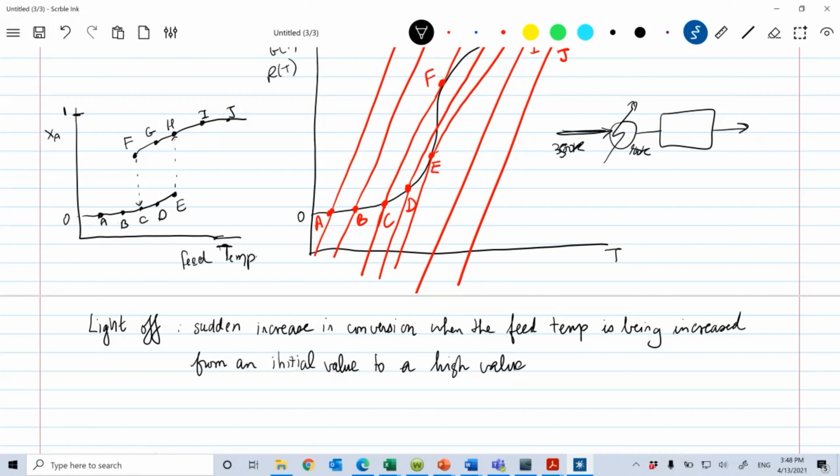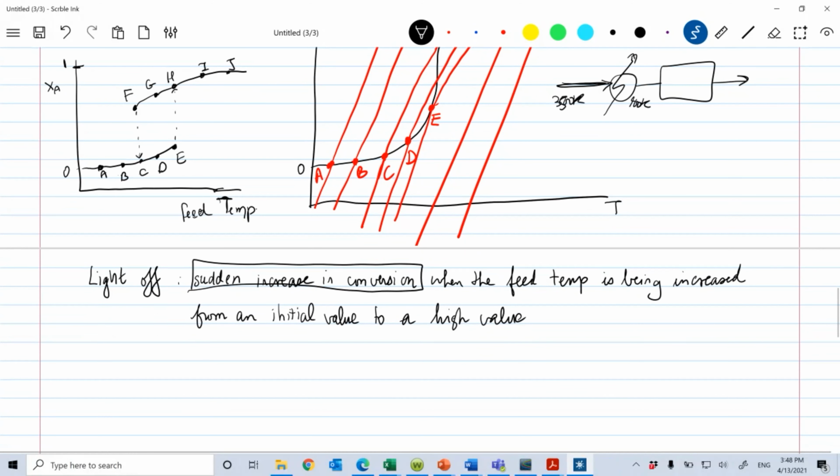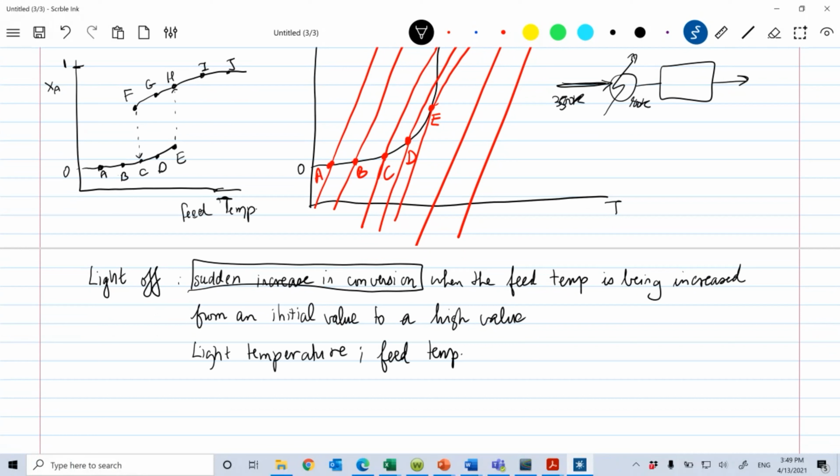So you call that a light off. So it's this sudden increase in conversion. And the temperature at which that happens is called the light off temperature. It's the feed temperature at which light off occurs.